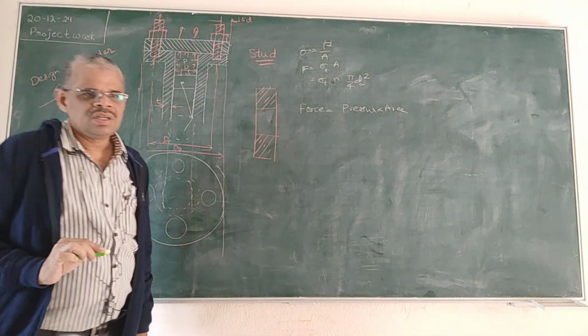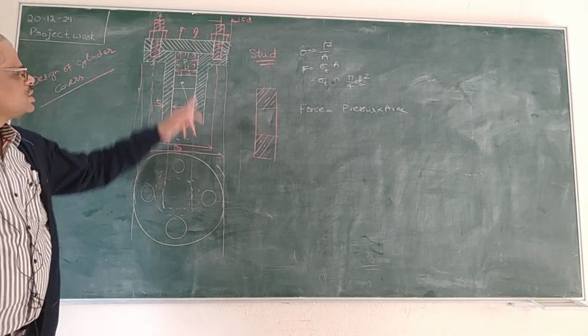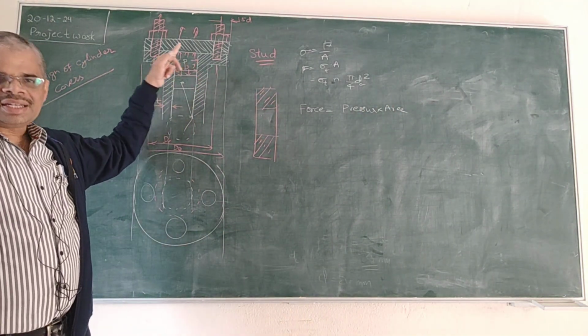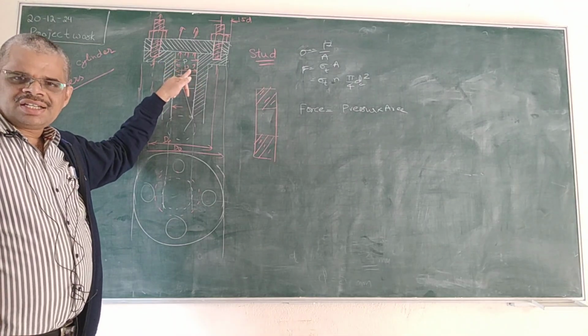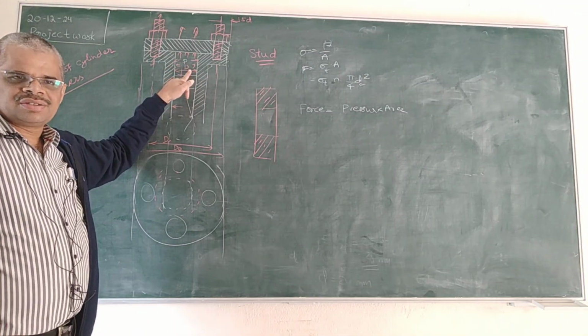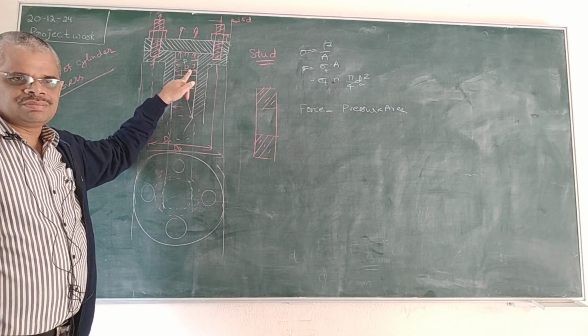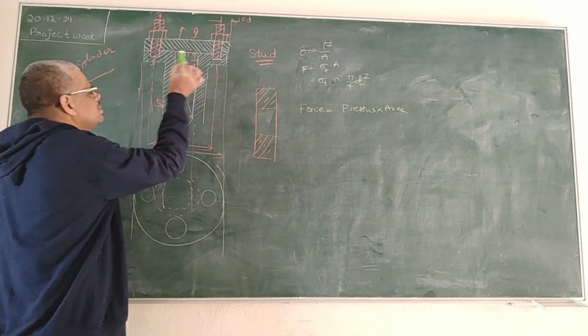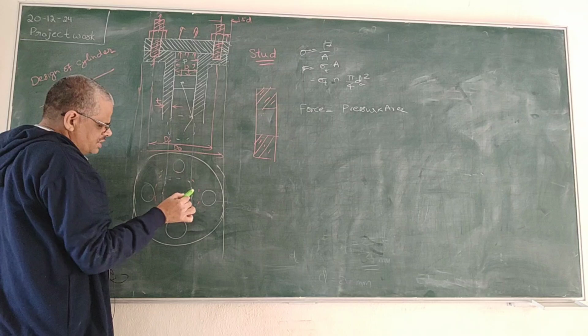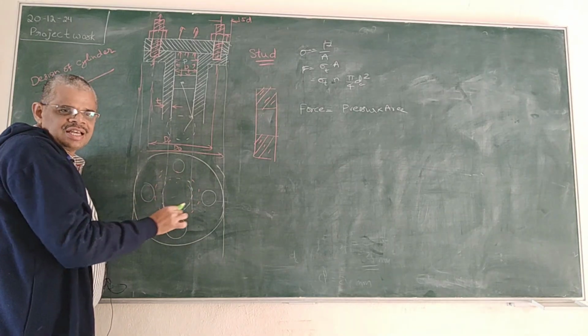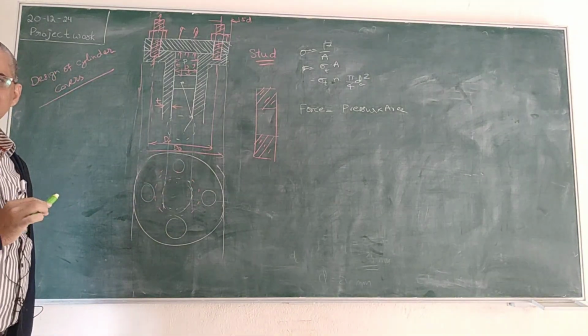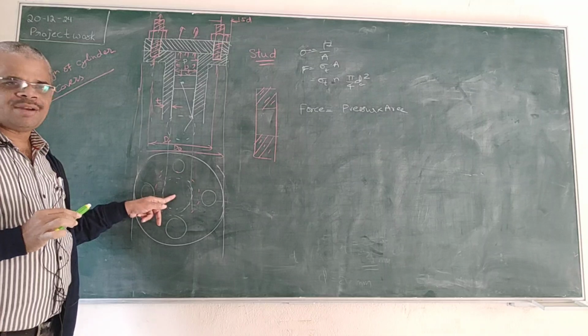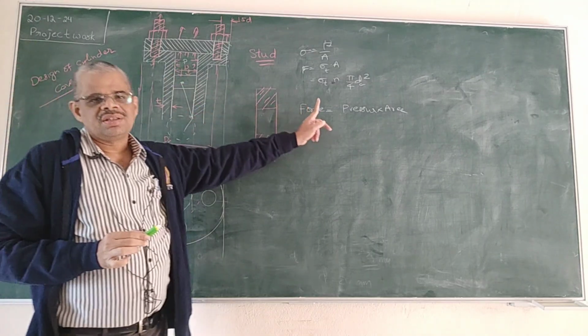Pressure is the pressure acting inside the cylinder due to the process of combustion. And area means here this area. See, this is a cylindrical hole. So, this area multiplied by that pressure will give us the force.